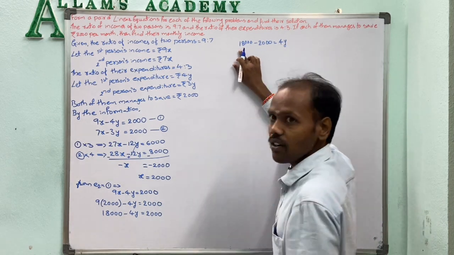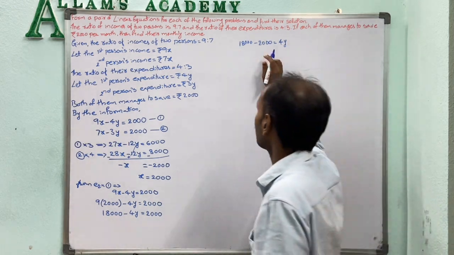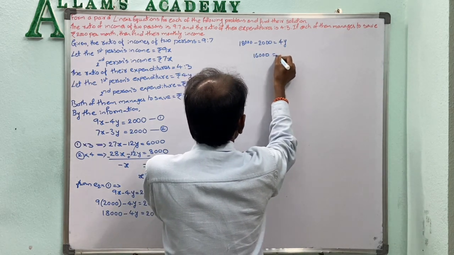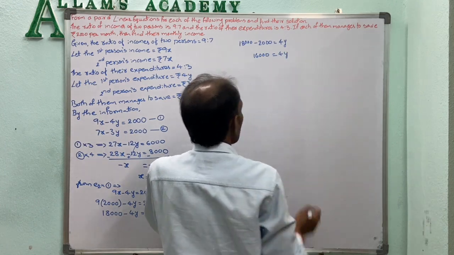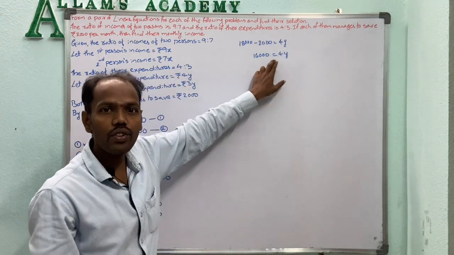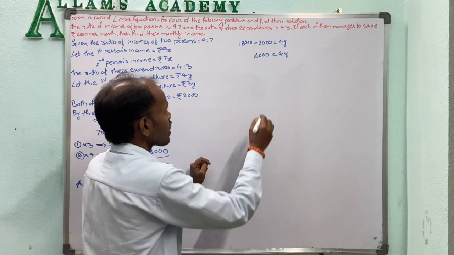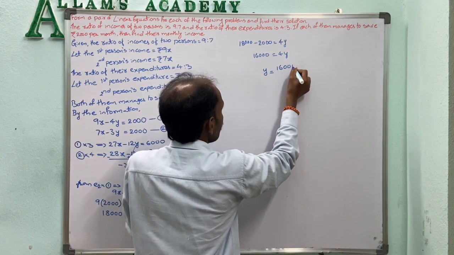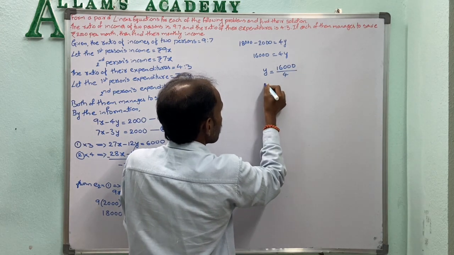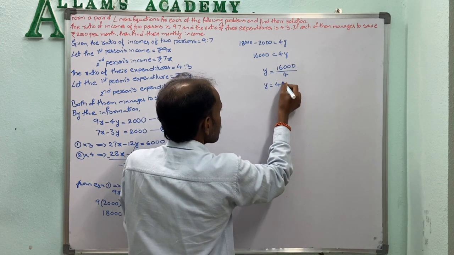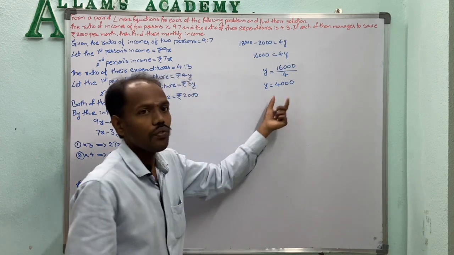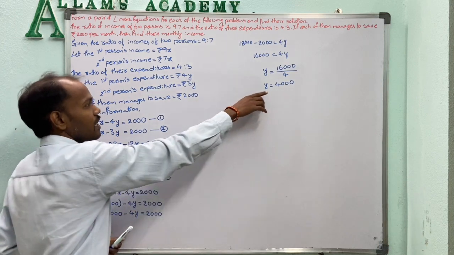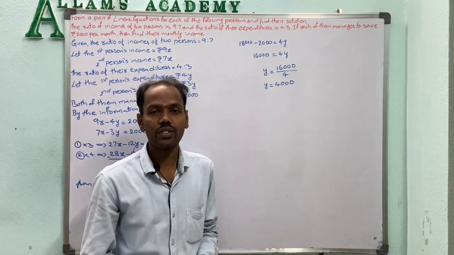So 18,000 minus 2000 equal to 16,000. 16,000 equal to 4y. Now multiplication by 4 transfers to this side as division. So y equal to 16,000 by 4, 4 4s 16, so y equal to 4000. So here we get x equal to 2000 and y equal to 4000.